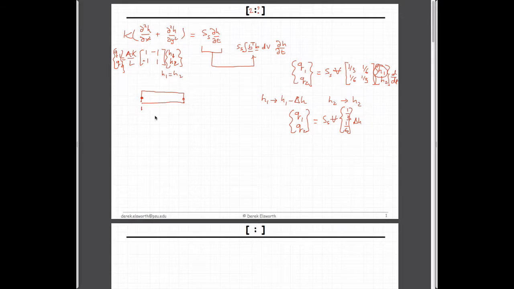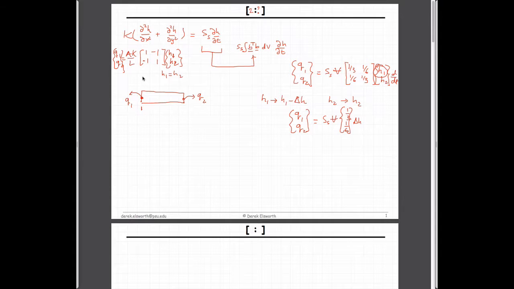So in other words, if we change the value of the head at this particular location, what happens is it pushes a small amount of water out of Q1, which is this amount, and it also pushes an even smaller amount out of node 2, Q2.